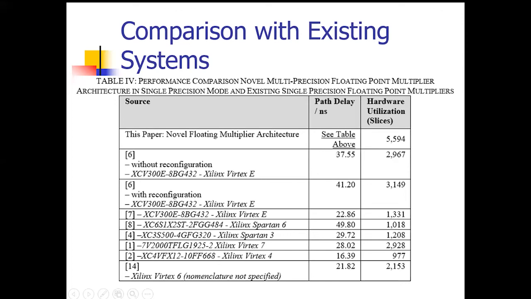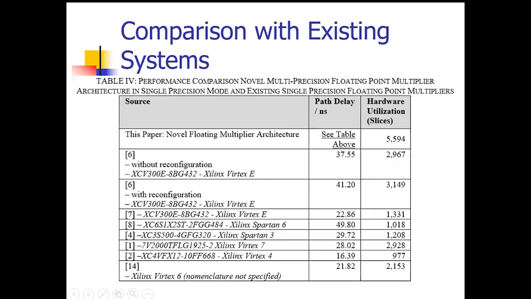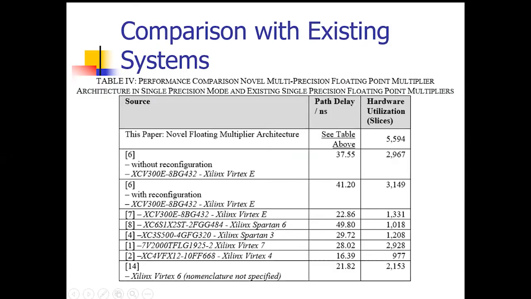Comparing that with, let's say, the Spartan 3 with MSI, 4.841 nanoseconds, and this is 8 batches produced compared to 1 batch produced by this researcher, right?